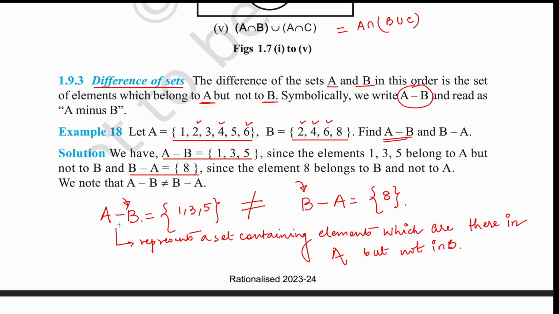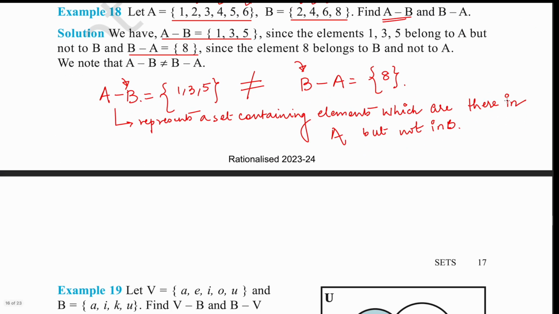So clearly you have A minus B not equal to B minus A. So always keep this in mind. It is not something that we studied as a normal subtraction between two numbers. If X and Y are two numbers, then X minus Y was equal to Y minus X. But when it comes to sets, this is not true. Not true for sets, right? So just keep this in mind.